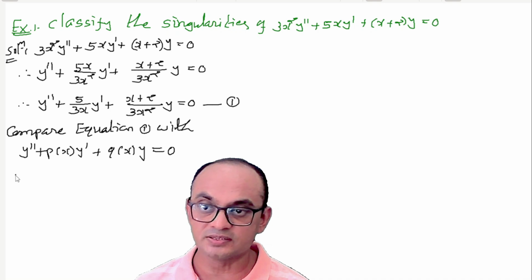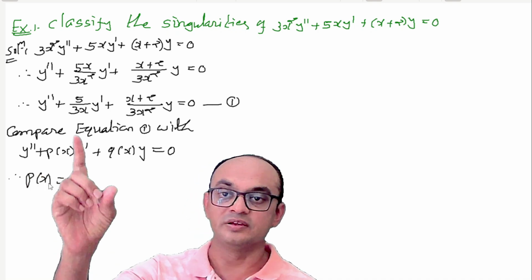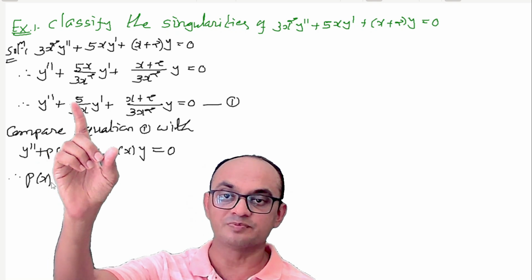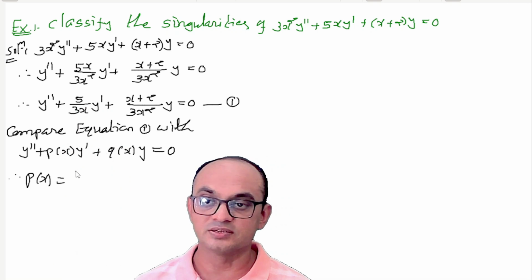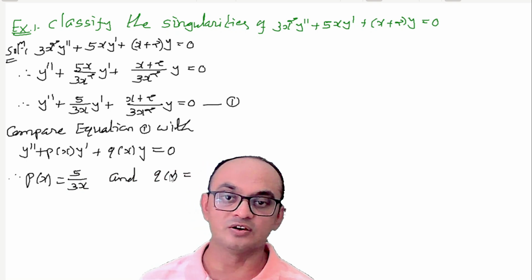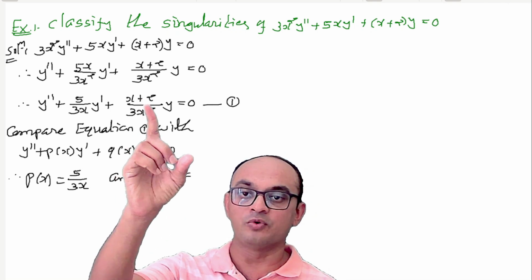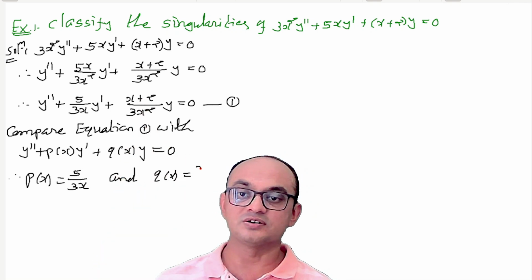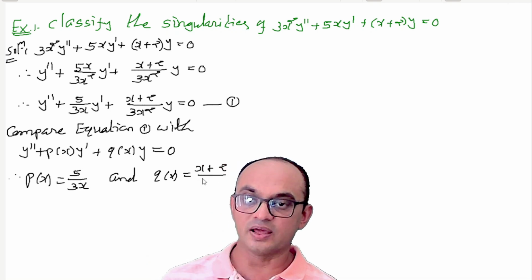So what is p(x)? p(x) is the coefficient of y dash, so p(x) is 5 upon 3x. And what is q(x)? q(x) is this, so q(x) is equal to (x plus 2) upon 3x square.